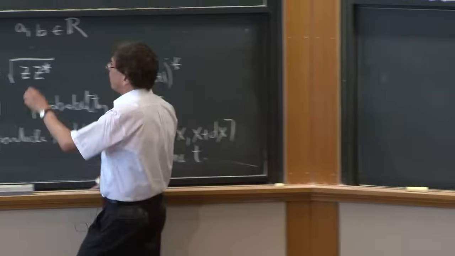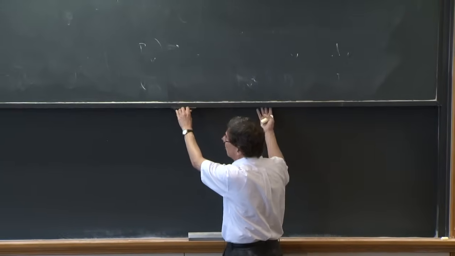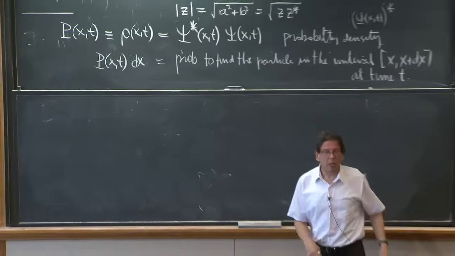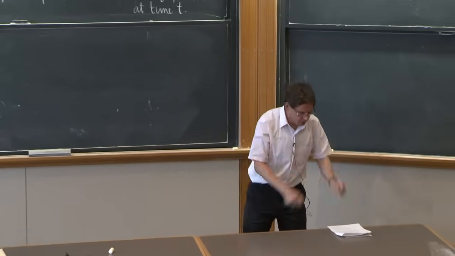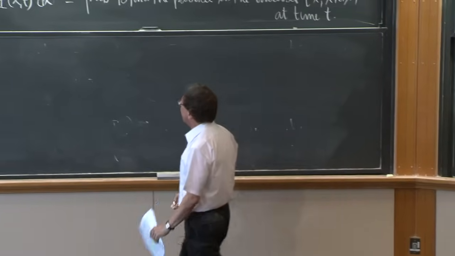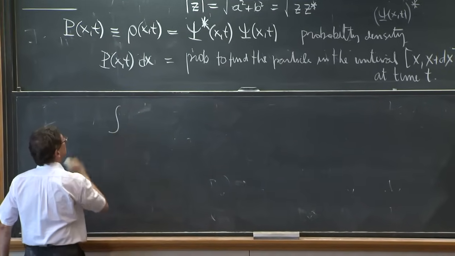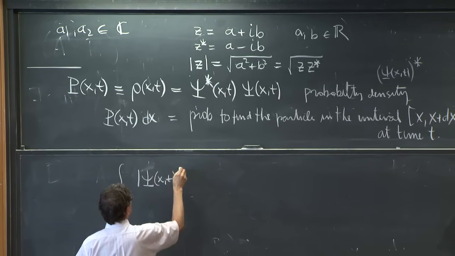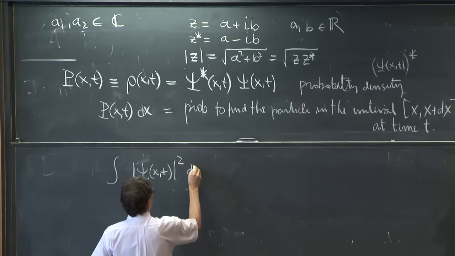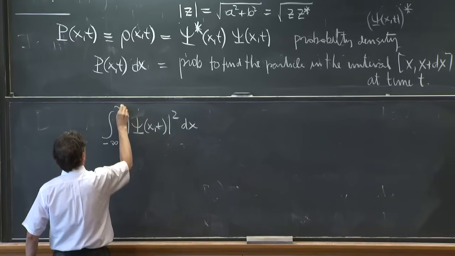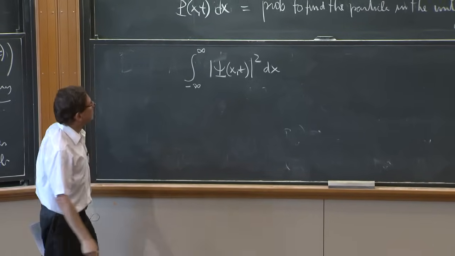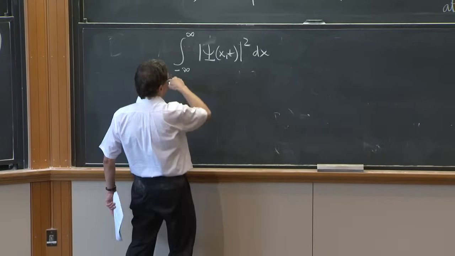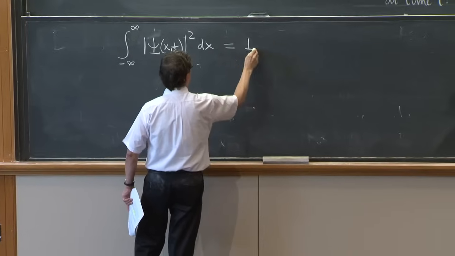It's a way to make physics out of the wave function. It's a postulate. And the consequence of this postulate, since we're describing just one particle, is that the particle must be somewhere. So if we add the probabilities that the particle is somewhere all over space, each being the probability that the particle is in this little dx, we integrate, and that must be equal to 1.